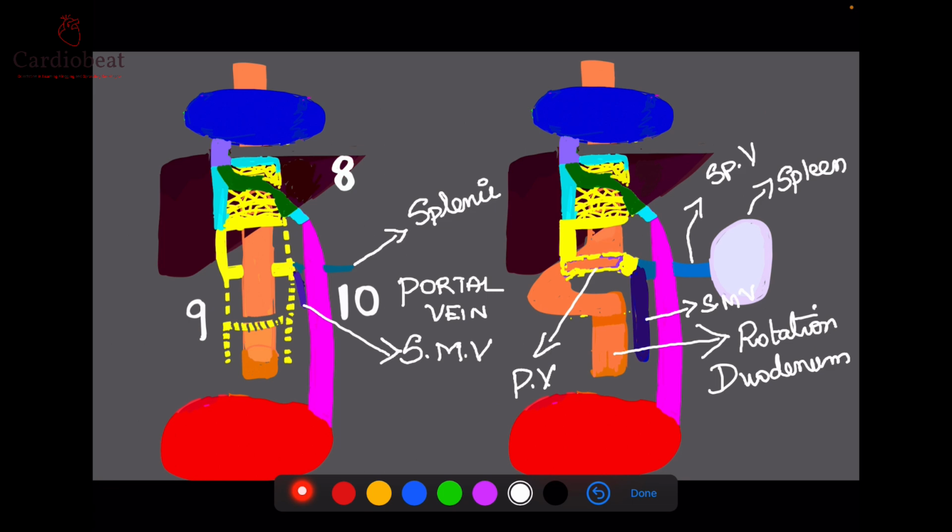So it drains into the liver in such a way that the part of the vitelline vein between the proximal and the middle anastomotic channel forms the right branch of the portal vein, and the proximal anastomotic channel itself forms the left branch of the portal vein.